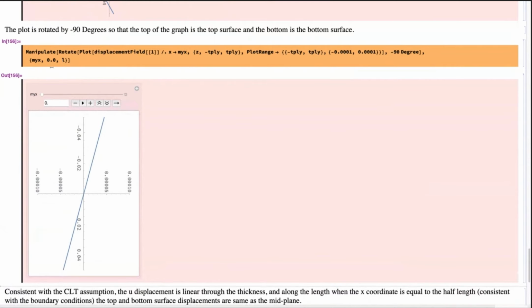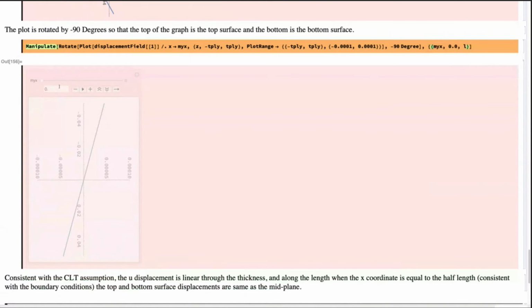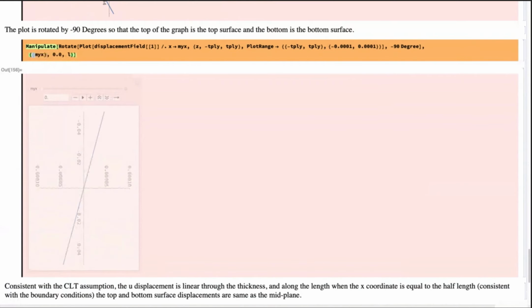I'm going to do one more thing. I don't know if you know this trick, but I can actually make the x coordinate a slider.